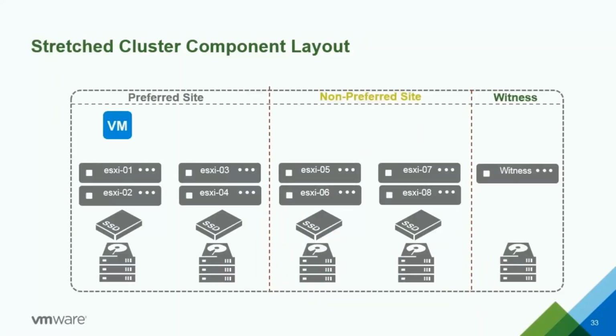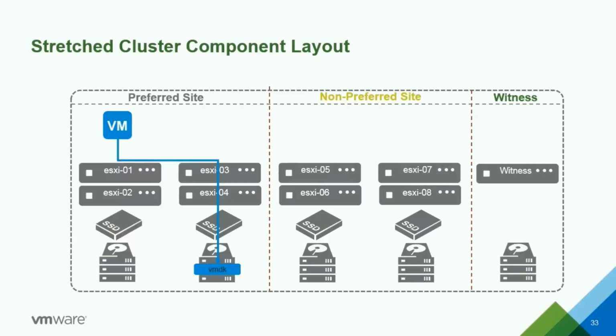So let's start talking a little more in detail about how we lay out components when it comes to stretch clusters. You can see here we're talking about just a single VM running at our preferred site. Then we have our non-preferred site, and we've got our witness. Of course, one of the copies of data is going to be at that preferred site.